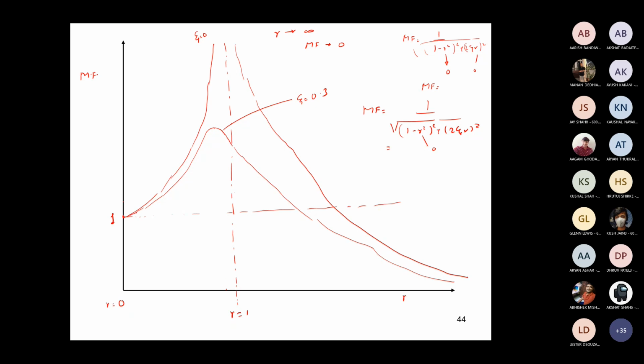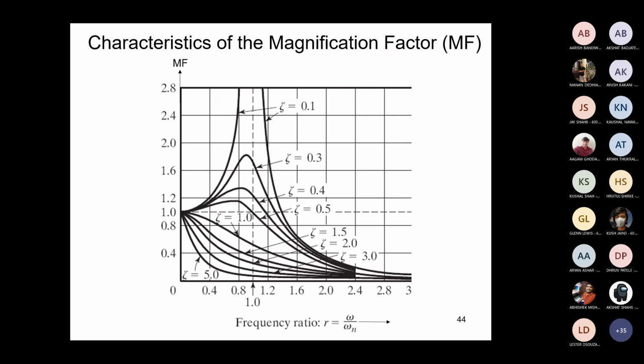These peaks which you observe shift to the left-hand side of the magnification factor versus frequency ratio plot.